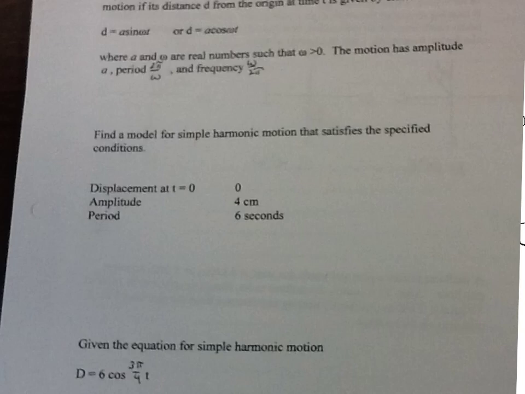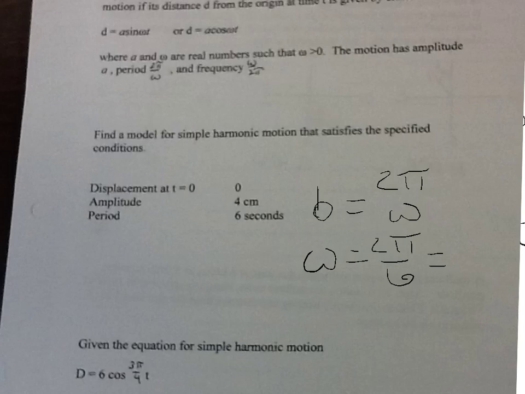And the period is 6 seconds. All right, so how do we find period? 2 pi over omega. Period is 6 seconds is 2 pi over omega. So omega is 2 pi over 6 or pi over 3.